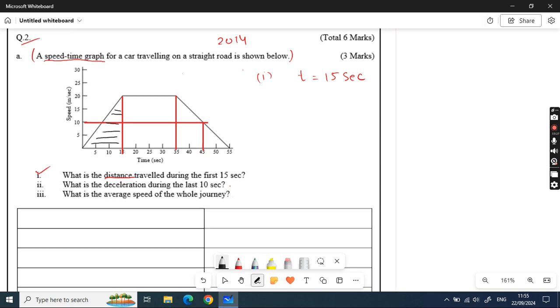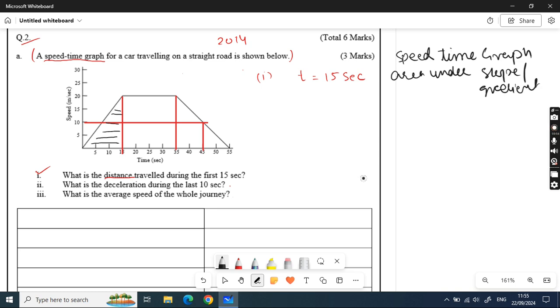Area under the slope or gradient is called distance.